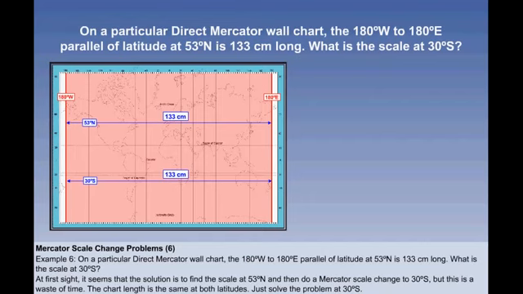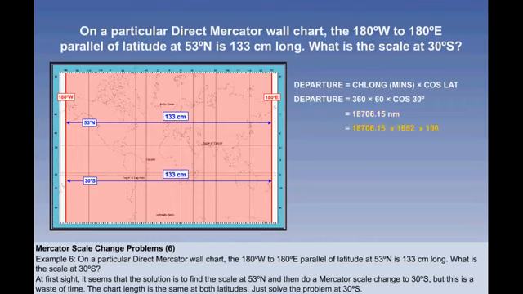That's 360 degrees change of longitude times 60 to convert to minutes, and then multiply by the cosine of 30 degrees, which is about 18,700 nautical miles. The chart length is in centimeters, so multiply this departure by 1852 and then 100 to get the Earth distance into centimeters as well.